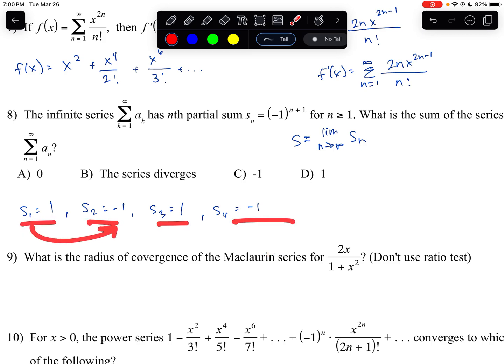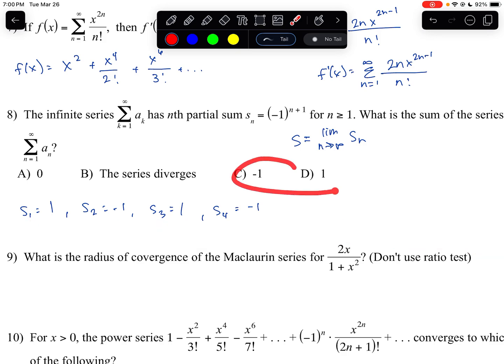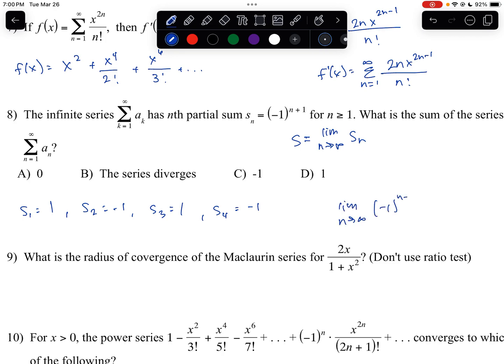It's going from 1 to negative 1, from 1 to negative 1, and negative 1 to 1, and so on and so forth. So as n approaches infinity, it's either going to be 1 or negative 1, but it can't be both. Well, technically it can be both, but that's the problem. It's both negative 1 and 1, which means that in this case the limit as n approaches infinity of negative 1 to the n plus 1 does not exist. So therefore, the series diverges.